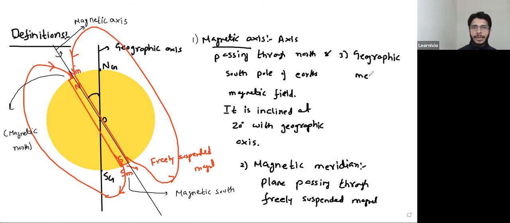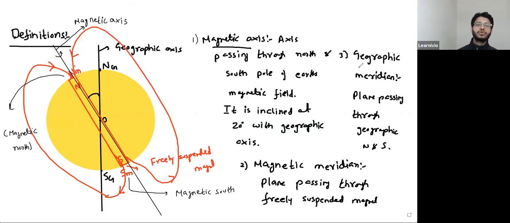Geographic meridian is the plane passing through geographic north and south. So these are two planes. One is magnetic meridian and another is geographic meridian.